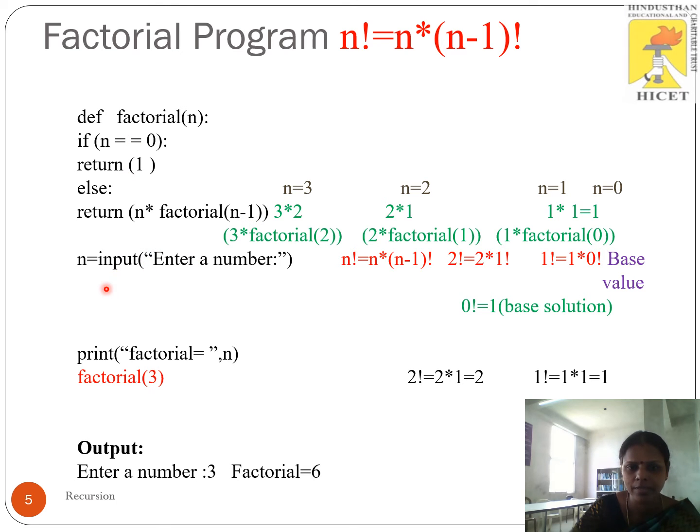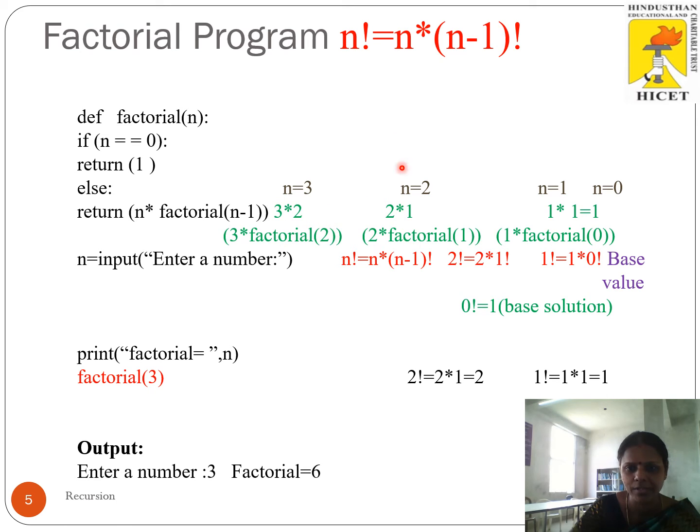First the user has to give the input n. After getting the n value, it will call the function factorial and the n value will be substituted with 3. Now it will check whether n is equal to 0. If n is not equal to 0, it will use this formula, and for each iteration it will generate a term and a value.